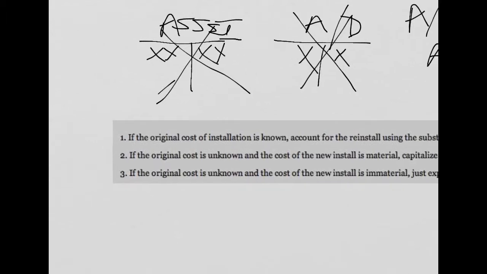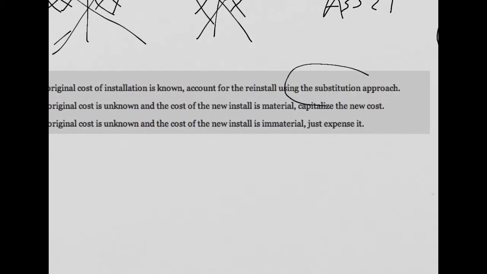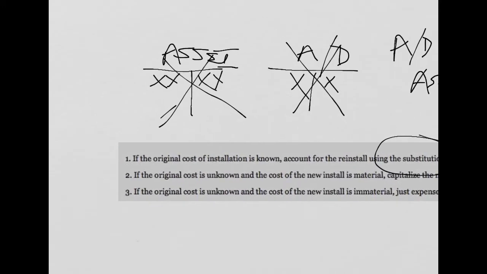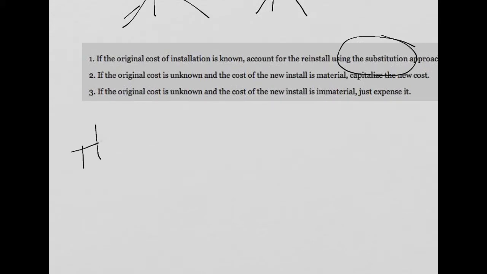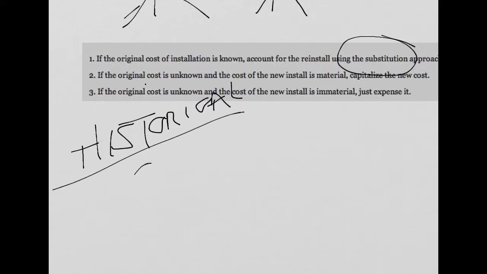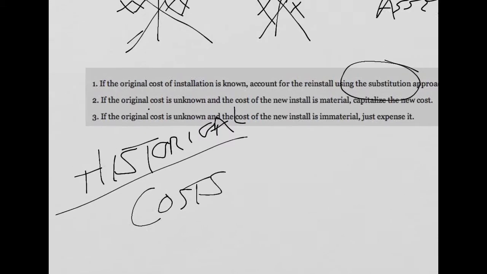So when we got to this substitution method, which I got very excited about, when you replace an asset with a new one, you wind up keeping the historical costs of the assets themselves more pure. Why? Because the old asset is gone. So the historical cost of all the assets stays more pure when you get rid of the old.